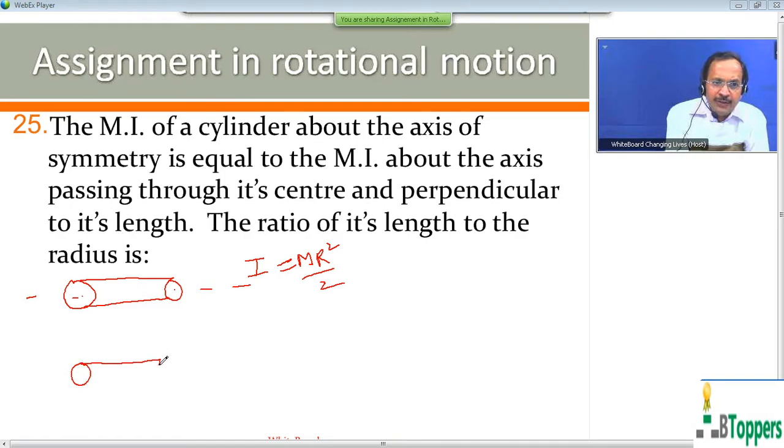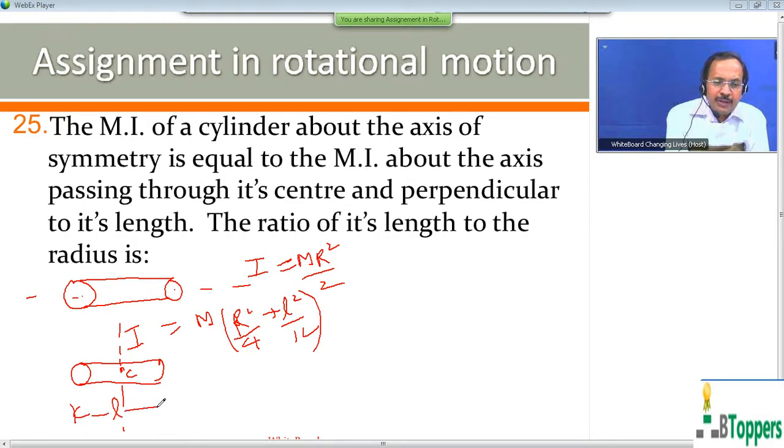The moment of inertia of a uniform solid cylinder about the axis passing through the center of mass and perpendicular to its length is given by m into R square by 4 plus L square by 12, where L is the length of the cylinder and R is the radius of the cylinder.